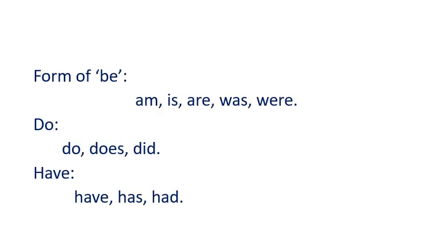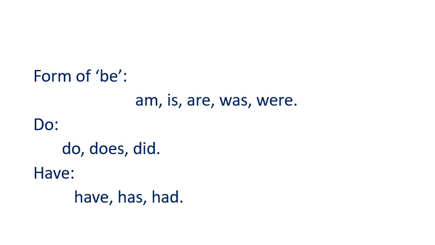First, the auxiliary verb. Auxiliary means help. The auxiliary verbs are often called helping verbs. Shortly, we can say which are the auxiliary verbs: the forms of be, do, have.